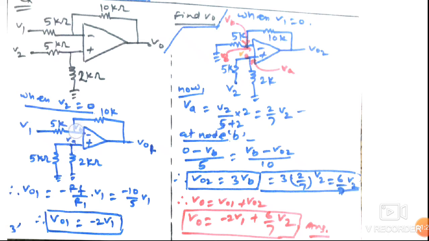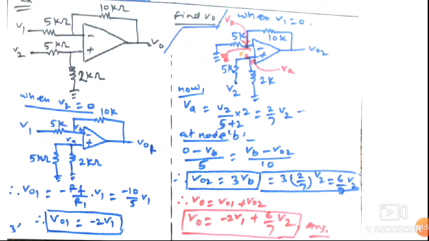Now we can apply nodal analysis at the inverting terminal, or we can write directly from the formula, that is V output 1 is equal to minus RF upon R1 into V1. Both are the same. So this is giving V01 is equal to minus 2 times V1.